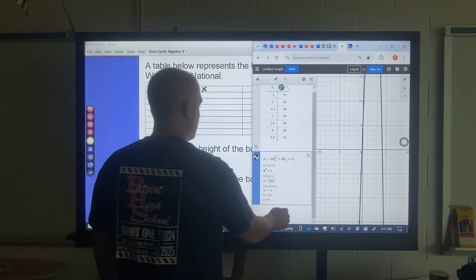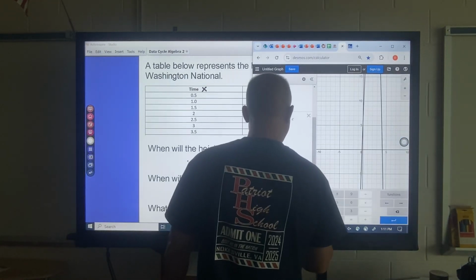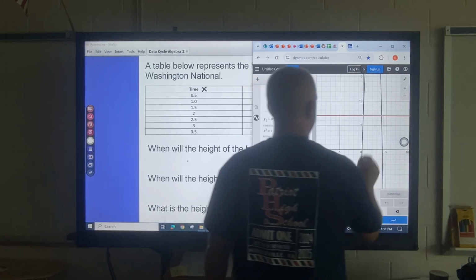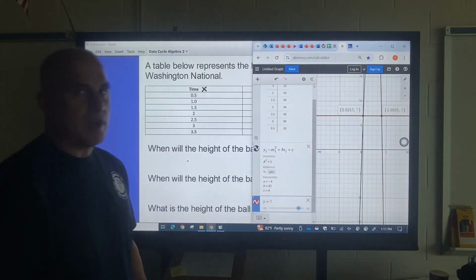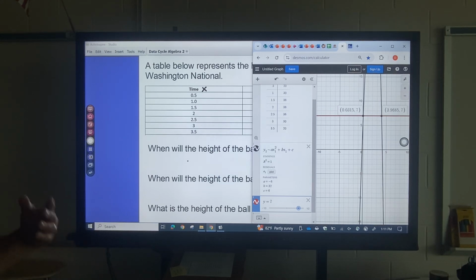So 7 feet is the y value. So I want y equals 7 and find where it intersects. With the quadratic, there are interesting properties where you could have two answers, and sometimes you have to interpret whether they're logistically right or not.